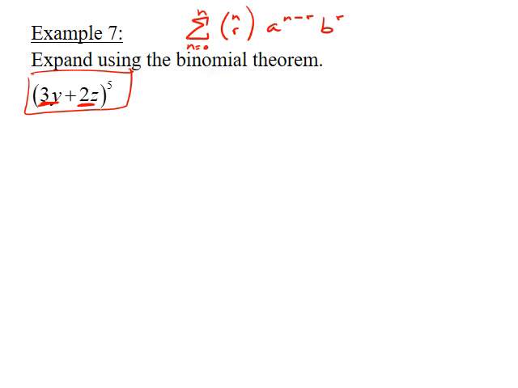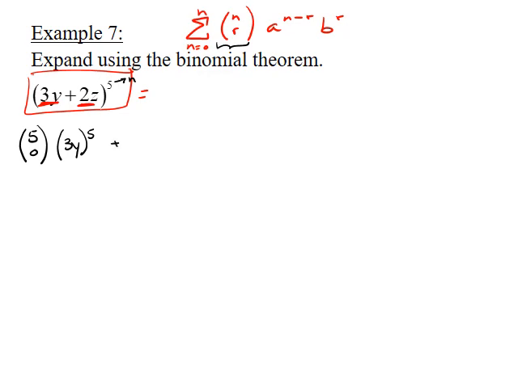Okay, so let's begin. This will be equal to, the coefficient will be found by taking this n choose r. In our case, n is 5, and we're going to choose 0. Then we start with the first term, and we raise that to a power of 5.